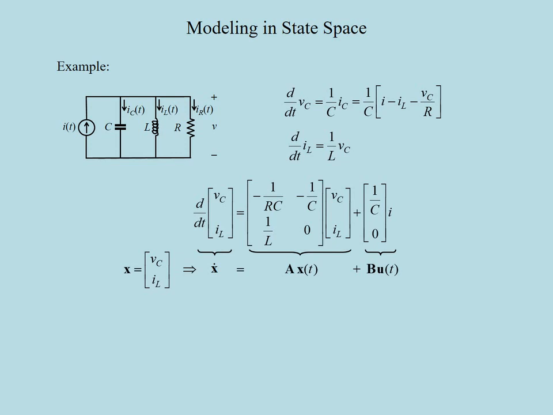On the other hand, since the output is the capacitor voltage, it can be expressed as C times x of t, where C is a row vector written as 1, 0. Also note that in this case, the direct transmission matrix is 0.